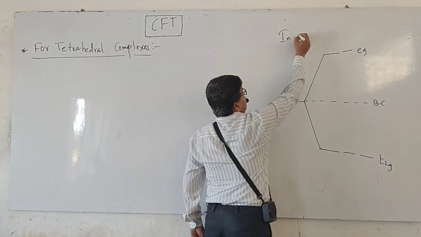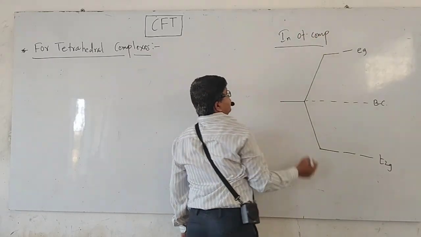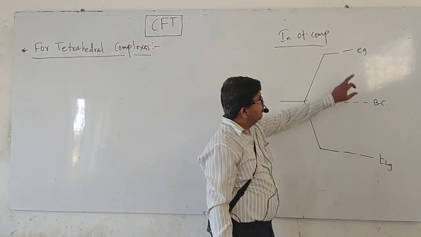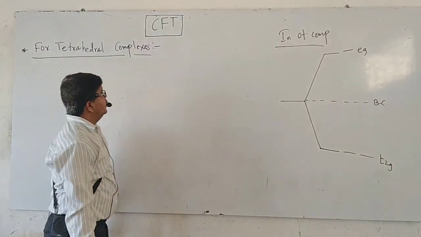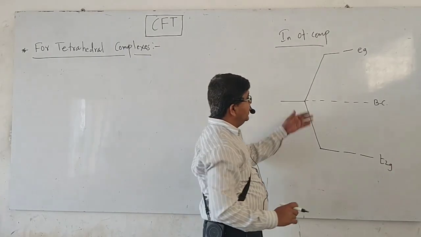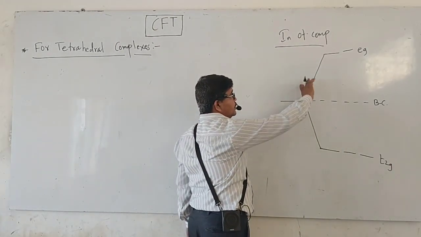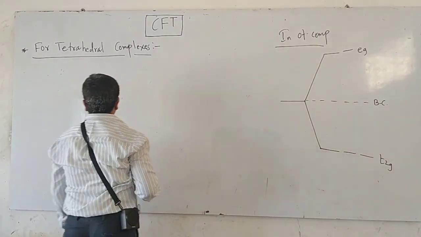So in octahedral complexes, T2g lies at the bottom and Eg is at the upper side. In tetrahedral complexes, this splitting gets reversed. Splitting gets reversed means Eg will come down and T2g will go up.